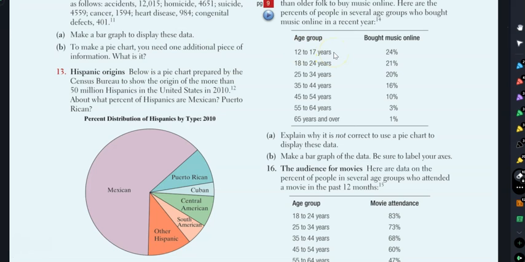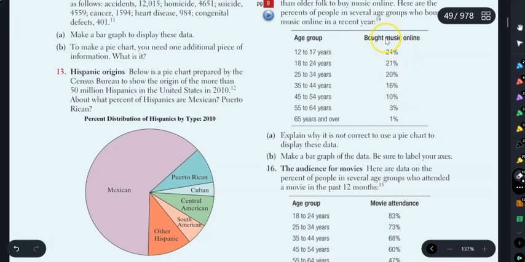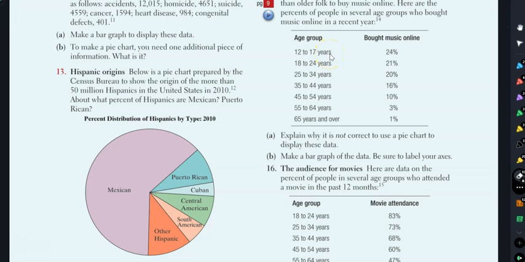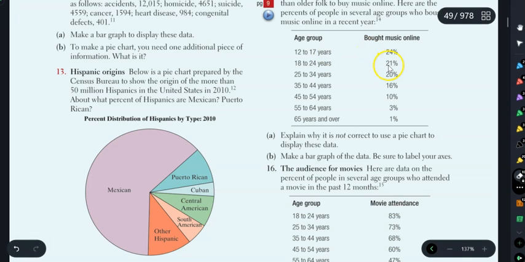And you can't do a pie chart unless all of your numbers presented are a part of a single whole. 24% is part of a whole, but it's part of the 12 to 17 years age group whole. I know I'm saying whole a lot. So this cannot be represented by a pie chart. These are not all parts of the same whole.